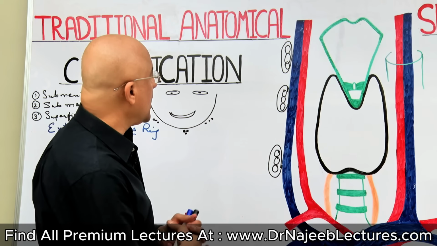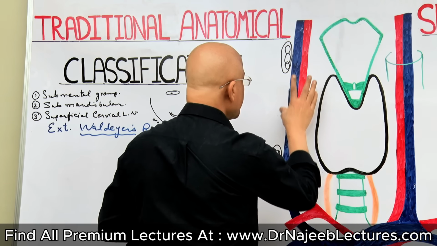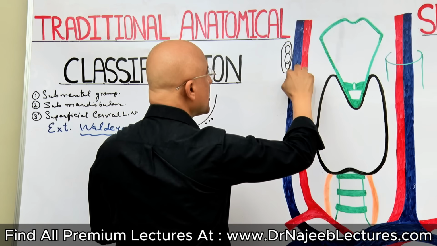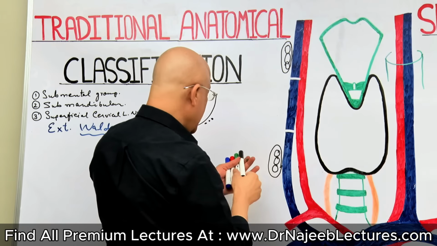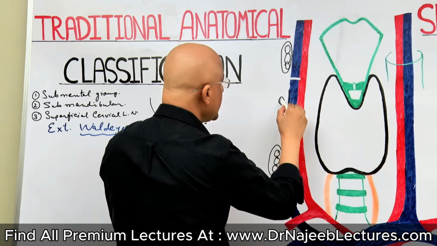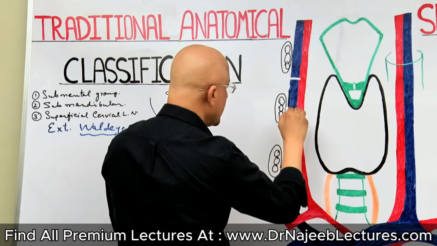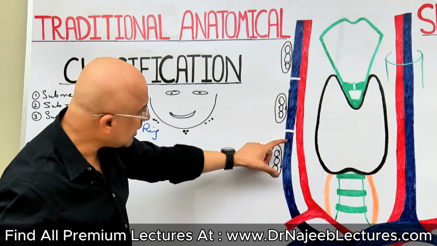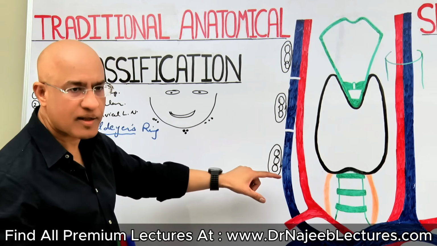Now what we really say is that upper jugular lymph nodes are along the upper third of the internal jugular vein, and middle group is along the middle third, and lower group is along the lower third of the internal jugular vein, right?